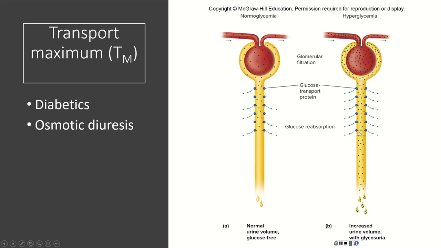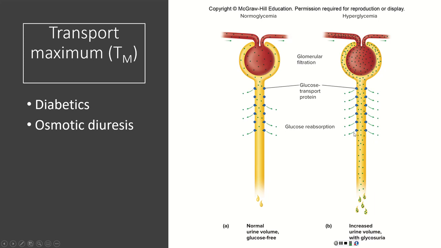But by the time we get to the end of the PCT, there's still a lot of glucose left. And from the end of the PCT through the rest of the nephron, there are no more glucose transport proteins. Same with amino acids, same with vitamins. Once you get to the end of the PCT, there are no more transport proteins for them.